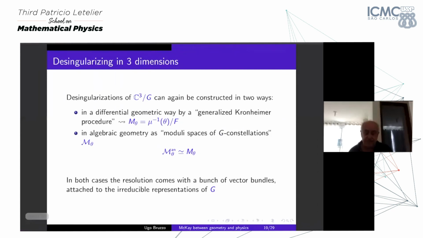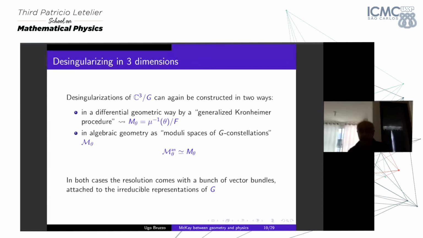And the same thing happens in 3 dimensions. So you have a generalization of the Kronheimer procedure, which was studied in a PhD thesis in Oxford by a guy called Sardo Infirri. We like to call it a generalized Kronheimer procedure because it's exactly the same, or using geometric invariant theory.